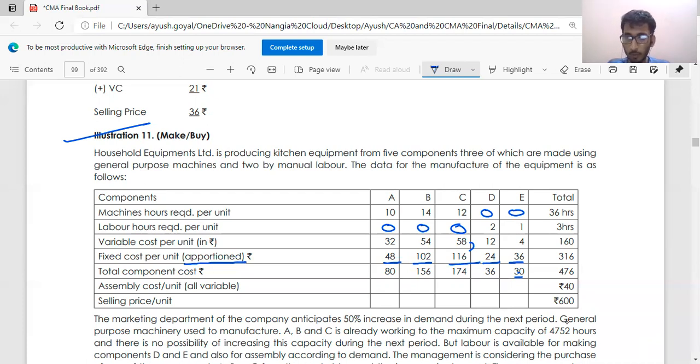It would definitely be 40 in my opinion. 174, 36, and 30. Okay, it is 30. Then in that case, 48, 102, 116, 24, and 36, 326. Okay, so this is 26.